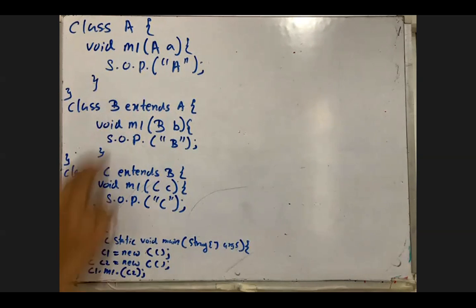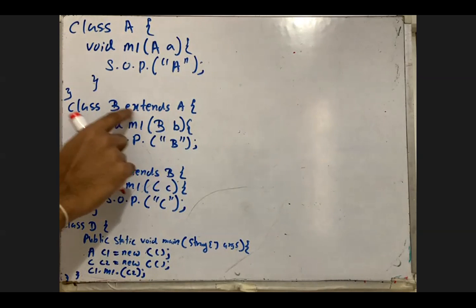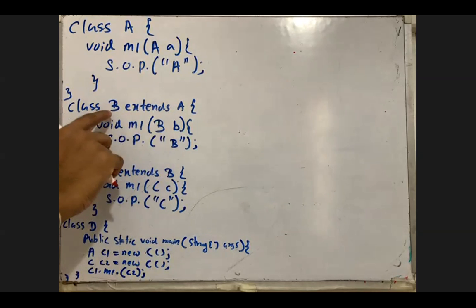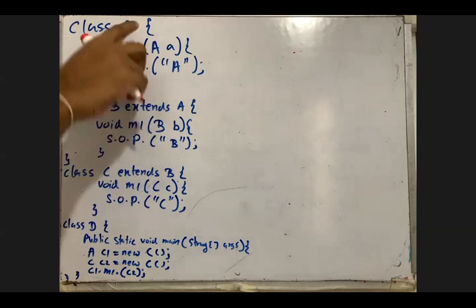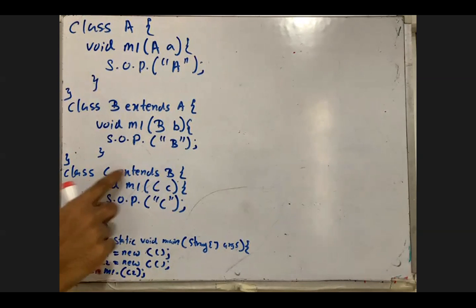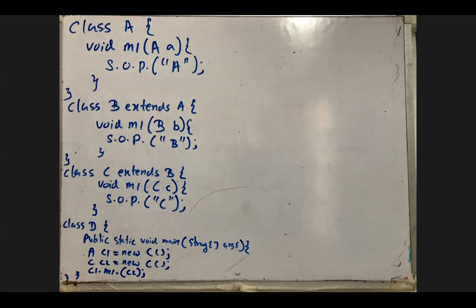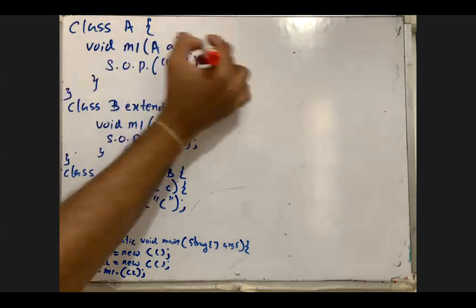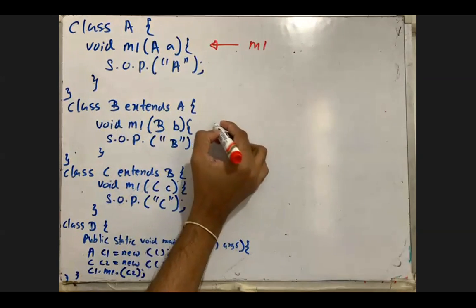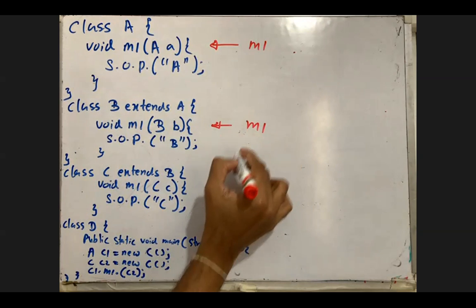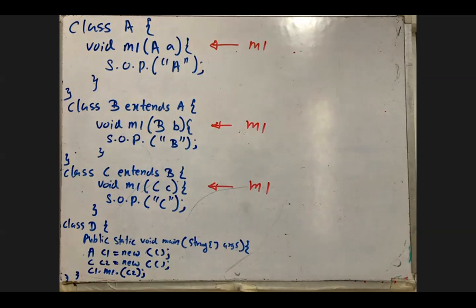D is the testing class, and there's A, B, C. B extends A means the class B is a child class of A, and class C is a child class of B. Okay, now here, what is this method? M1. What is this method? M1. What is this method? M1.